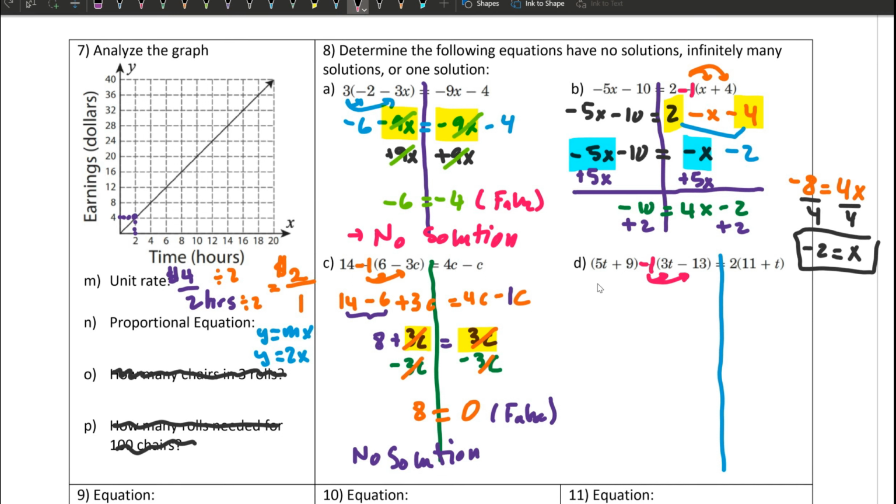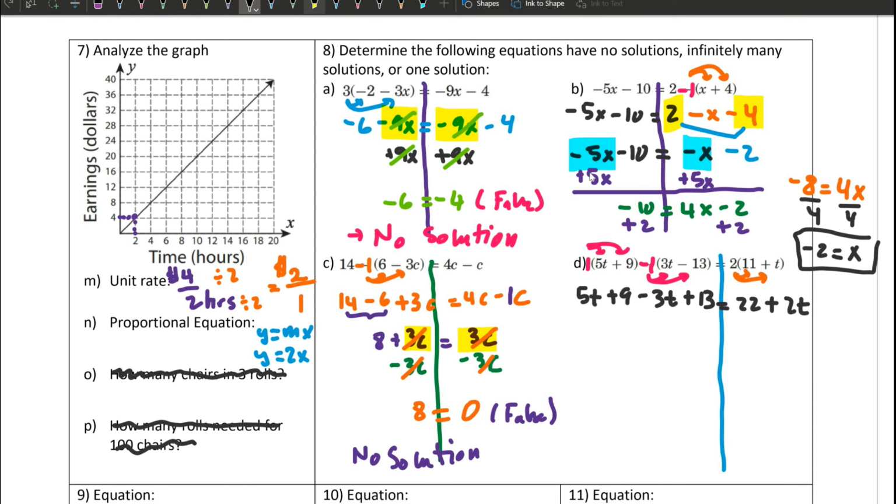The first parenthesis has no number, so you can put positive 1, and it stays exactly the same. That will give you 5t plus 9. Negative 1 times 3t is negative 3t. Negative 1 times negative 13 is positive 13. Then we distribute the 2. That will give you 22 plus 2t.